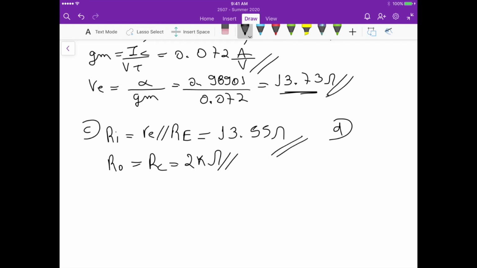Okay. Now for the overall voltage gain, let's do it in parts again. So for Av1, which is Vi over Vs, we have just Ri divided by Ri plus Rs, because that's the same as before.